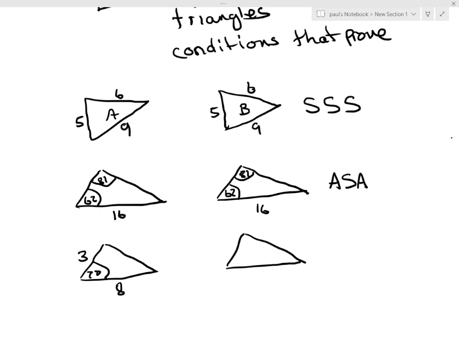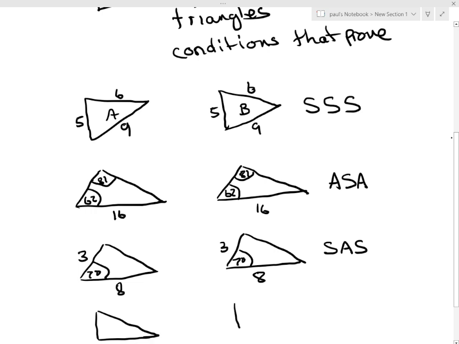Now if you draw this one again with those exact measurements, you will end up drawing exactly the same triangle again. And so this is side, angle, side. So there are the 3 conditions that prove these 2 triangles, A and B, are exactly the same.